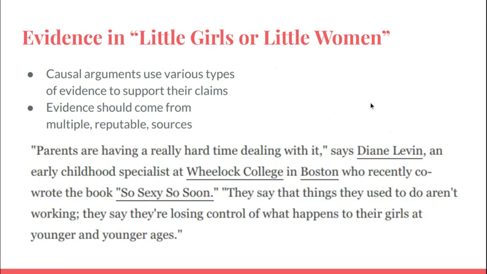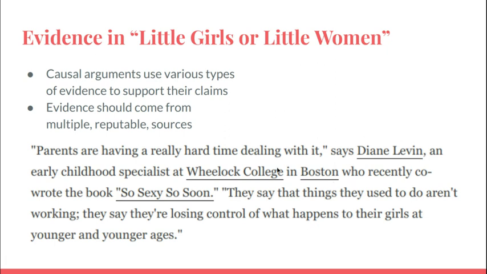Just like any other argument, of course, a causal argument will use lots of different evidence. So we should see various types of evidence that are supporting these claims. And of course, it should come from multiple and reputable sources. So in this particular article, we can see that this author is citing other authors.